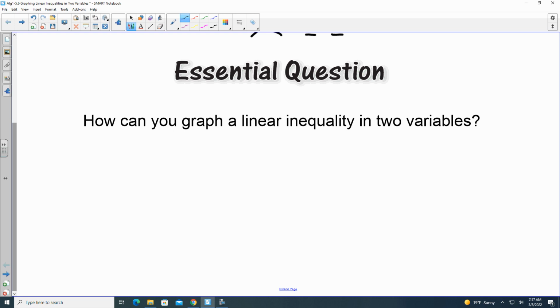If you recall, like something like x was greater than 3, you had your number line, and you had 3, and you had to make a choice whether it was an open circle or closed circle. And then there was some shading which represented all of the solutions that x could potentially be. That is going to occur here, but now we have to take into account both x and y, and we'll show you what that would look like as we graph linear inequalities.